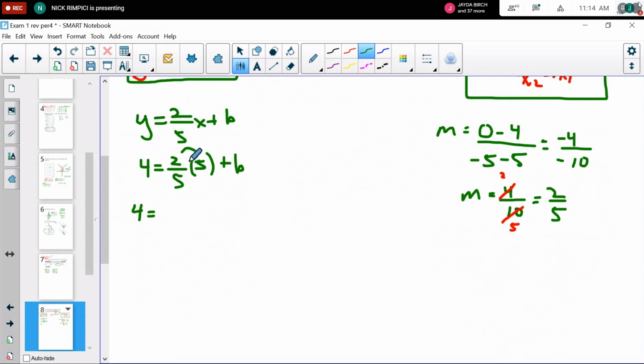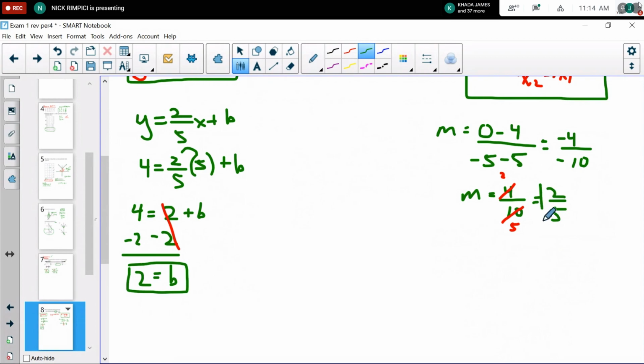And then 10 divided by 5 is going to give me 2. And then from here, to get b all by itself, we could just subtract 2 from each side to get b alone. Of course, these cancel. And 4 minus 2 is 2. And now I know my b value is 2.